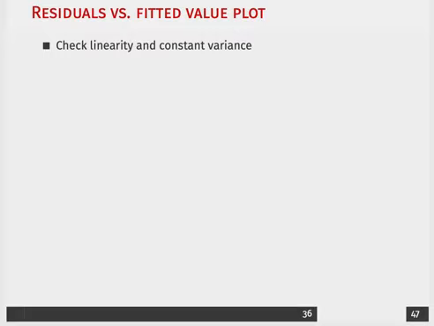So the first thing that you're going to get is residuals versus fitted values. This is used to check for our assumption of linearity as well as constant variance. And so what we should see here is basically a straight line that goes across, that's horizontal, right around 0, right? Because again, we want to make sure that the variance is not different for different fitted values.